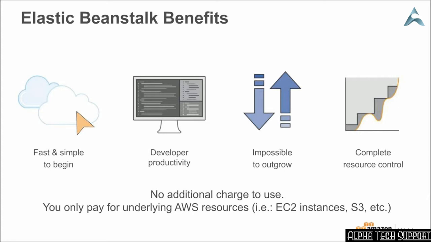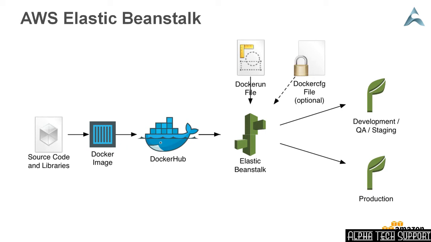Beanstalk can simply be integrated with other solutions. For example, this is a toolchain or lifecycle. When you first write your code and deploy using libraries, it gets connected with Docker image and Docker Hub.